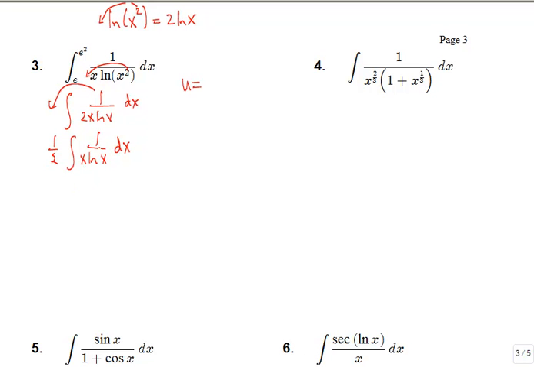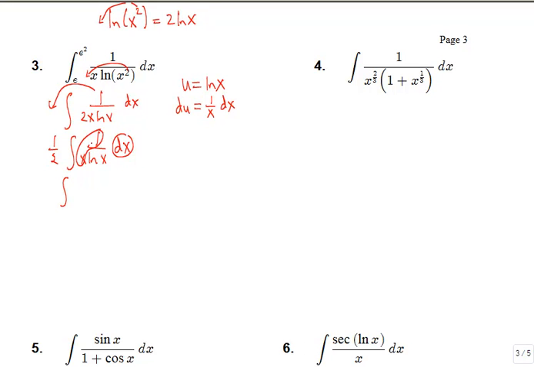If you let u be that ln of x, then the derivative of this becomes du on the left side, and the derivative of ln of x is 1 over x dx, which is actually really, really good news for us, because 1 over x is right here and dx is right here.